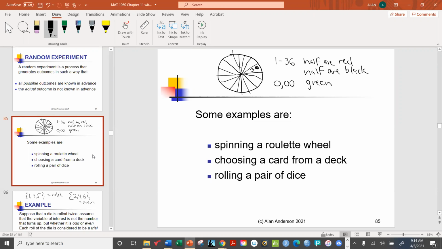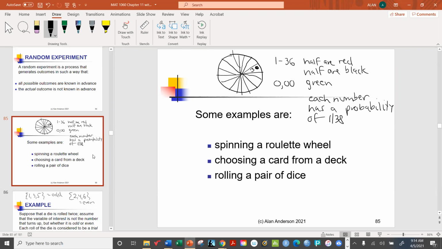So each outcome, or each number, is set up to be equally likely to turn up. Therefore, each number has a probability of 1 out of 38, because there are 38 numbers altogether. You bet your money on one outcome.